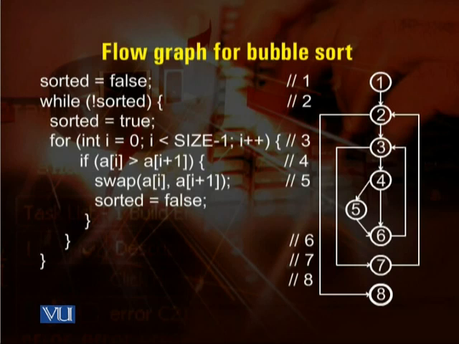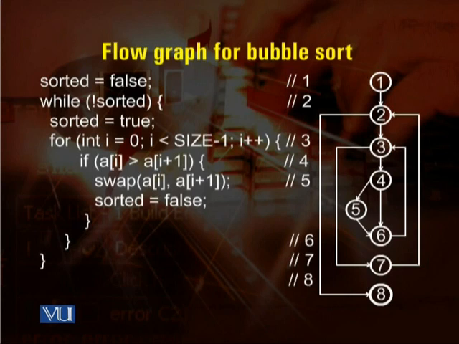If it is false, we will come out of this while loop, and that will take us to statement number 8 or position number 8 in our program. There is no statement corresponding to position number 8. Otherwise we go inside the body of the loop, and that will ultimately take us into the for loop. And once again, there is this check, I is less than size.